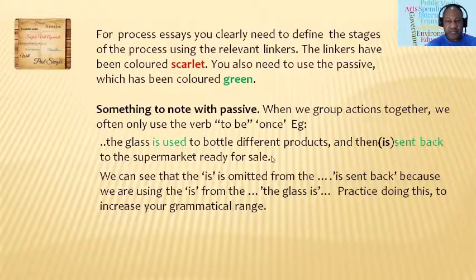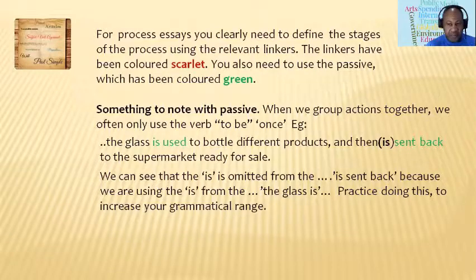If you look in the text, you will see the glass is used, so we've got is here, to bottle different products and then sent back. The is there, but it's removed because we're using this is. It is this and this and this and this. So we use is once and then we remove it for subsequent ones, but only within that same stage or within that same sentence.